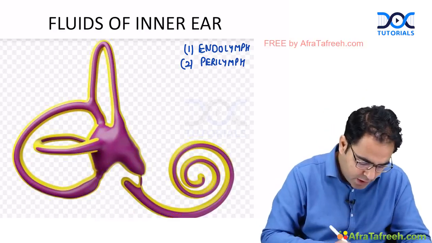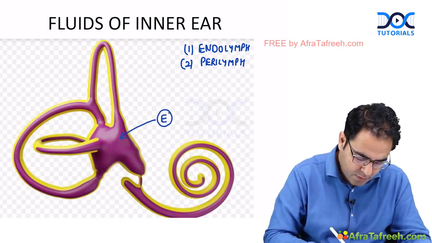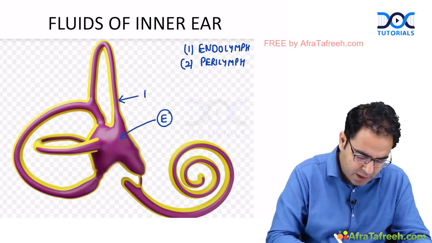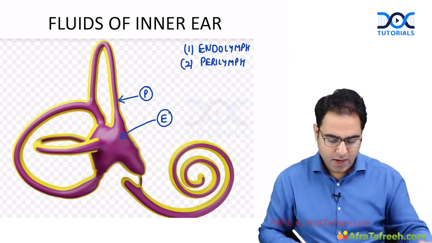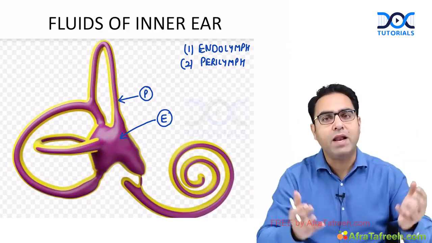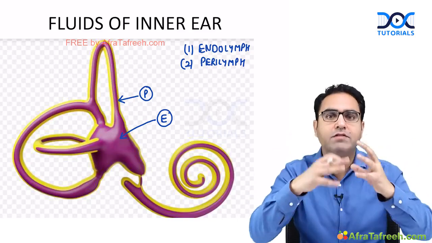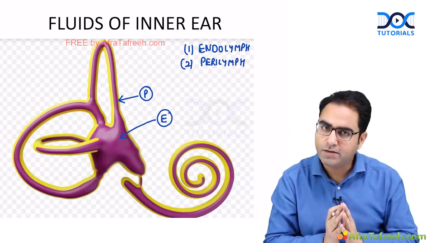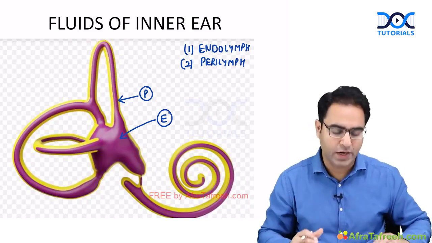The purple fluid represents the endolymph and the yellow fluid represents the perilymph. Am I clear? So, in a very simple way, the inner ear is filled with endolymph and surrounded by perilymph. Peri means surround, na? Am I clear? Fine.